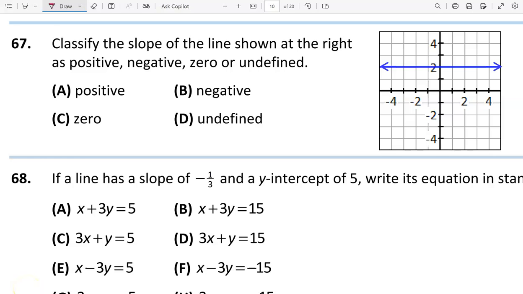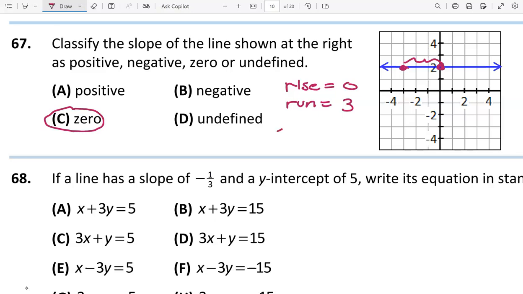In 67, we're asked to categorize the slope of this line right here. This is a horizontal line. Horizontal lines always have 0 slope. Another way to think of this is if we pick 2 points on the line, then the rise between those 2 points is 0, and the run is, for instance, for the 2 points that I picked, 3.